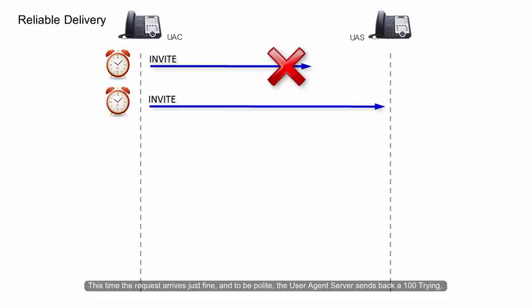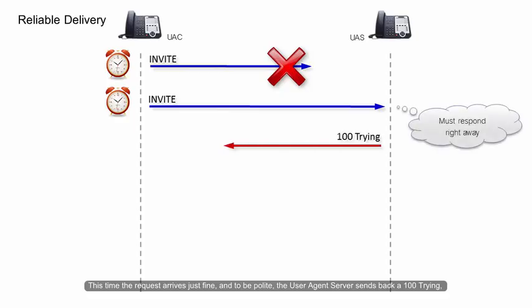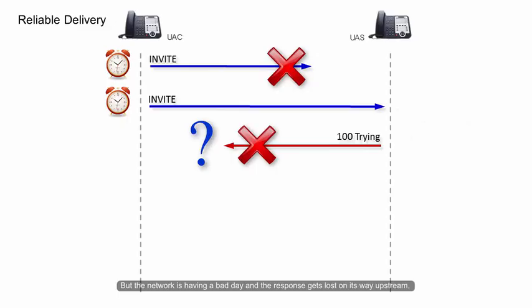This time the request arrives just fine, and so to be polite, the user agent server, the UAS, sends back a 100 trying to say, I've received the request and I'm trying to do something about your invite.